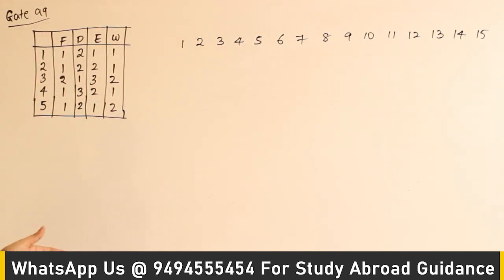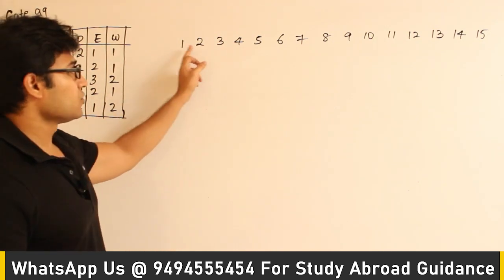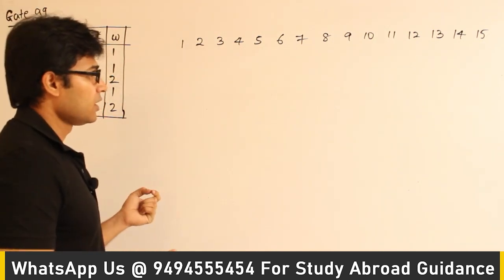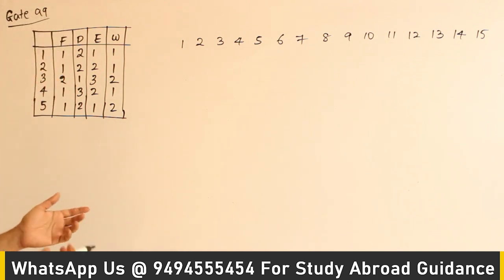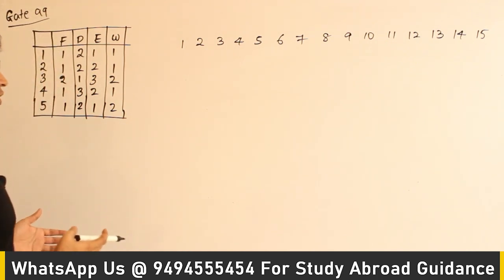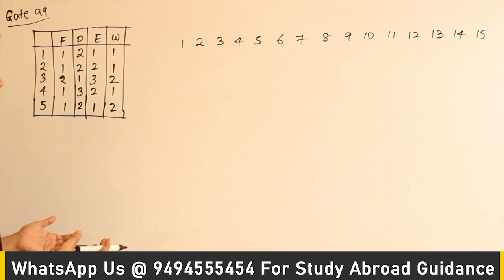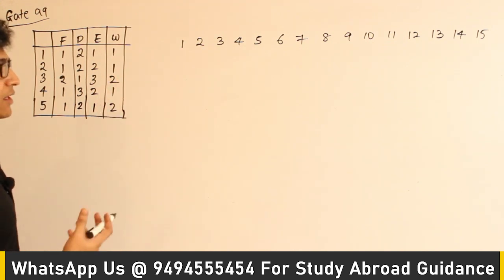So it is better to use the rough paper if it is given horizontally, and write as many clocks as possible so that it will be easy to analyze. How many clocks should you take? That depends on the options. If the biggest option is, let us say, 30, then you should go for 30.